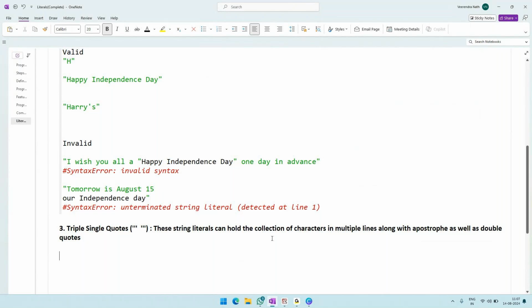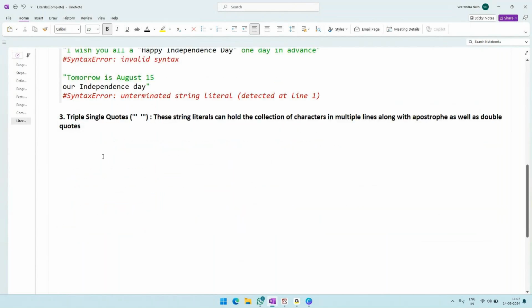So here you can have apostrophe also, double quotes also.